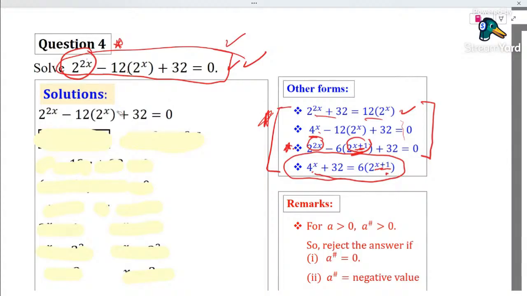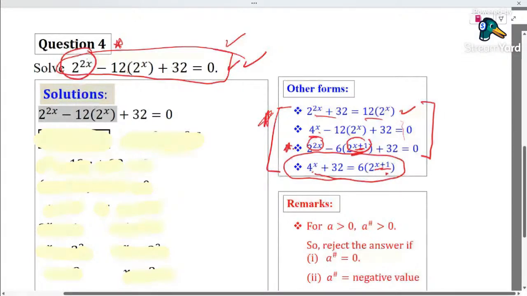Before we go further, I hope that you take notes on how you can identify the case is quadratic. One of the ways that you can identify is that after you're able to convert the indices into the same base number, you try to observe the power. Usually you will see one power is 2 times the other.